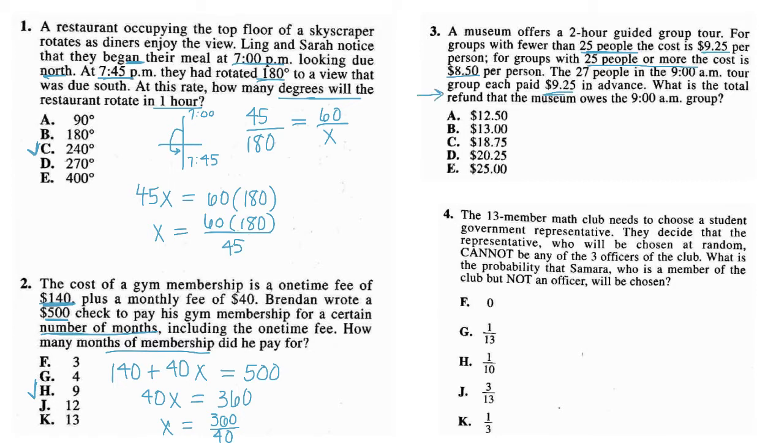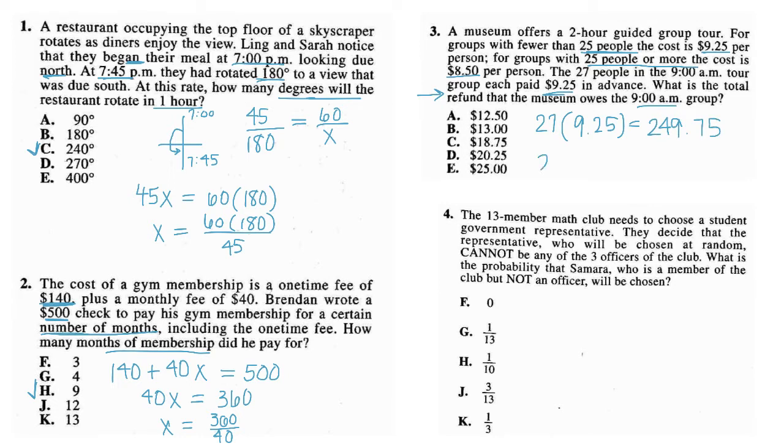So that's kind of important, refund, that the museum owes the 9 a.m. group. So we have 27 people, so 27 times, and let's see, the 27 people in the 9 a.m. tour group each paid $9.25. And so when we multiply this, you should get $249.75.